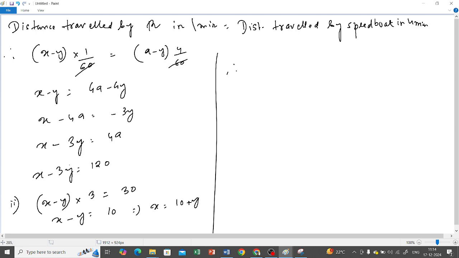Now I can put this value over here, and from here I can easily get y.